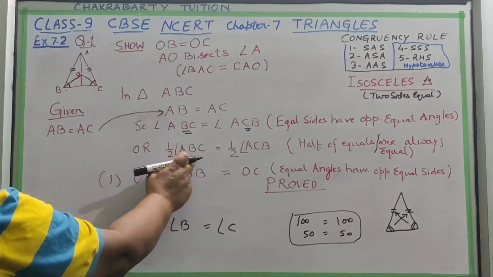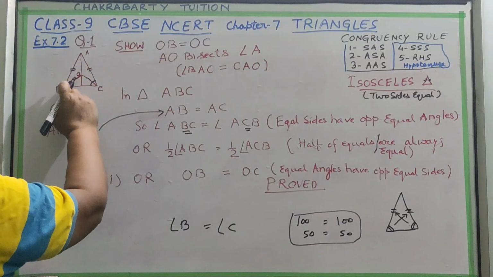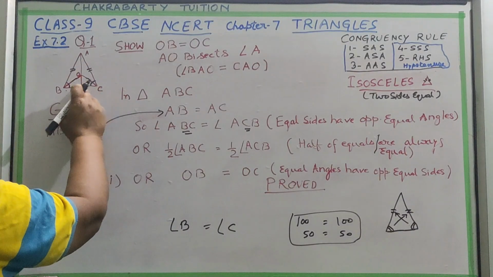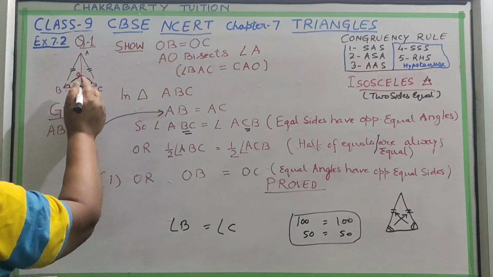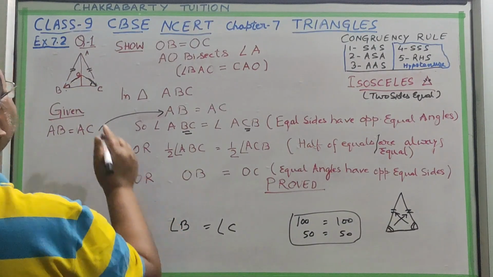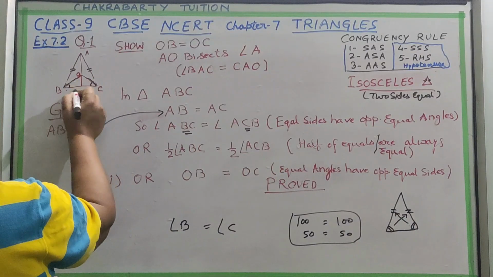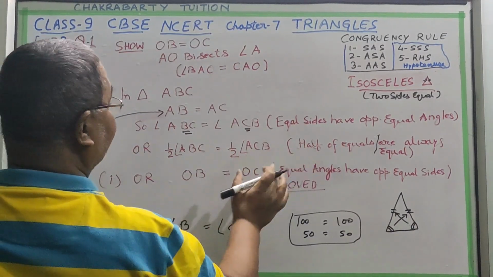So angle ABC and angle ACB, these angles are equal, so their halves are equal. If angles B and C are equal, then its half, angle OBC, and angle OCB will also be equal.